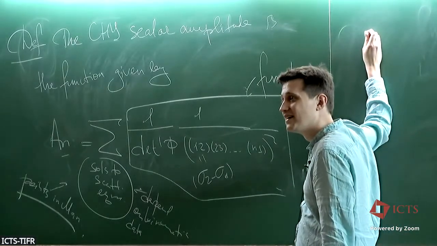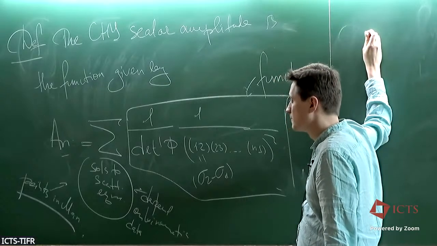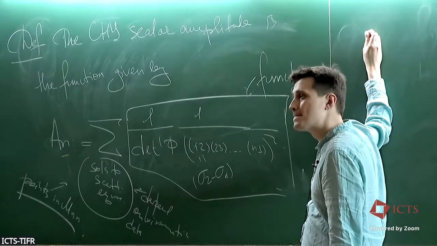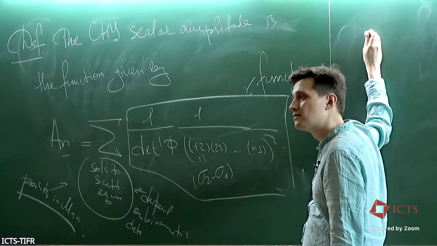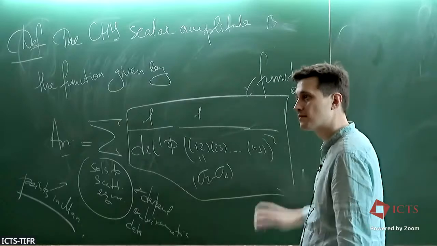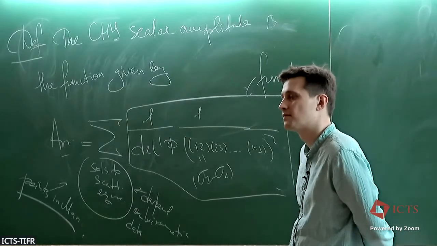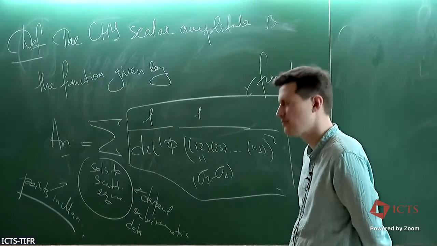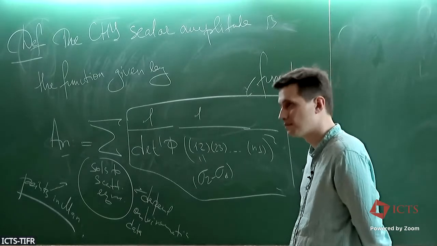The question was whether there is something special about the function that you in the end wrote down, this det prime phi. These equations, in fact, first came about in the physics literature very long ago, much before CHY, in the high energy scattering of strings. There are the Grassmannian equations, and there the function that goes in is slightly different.